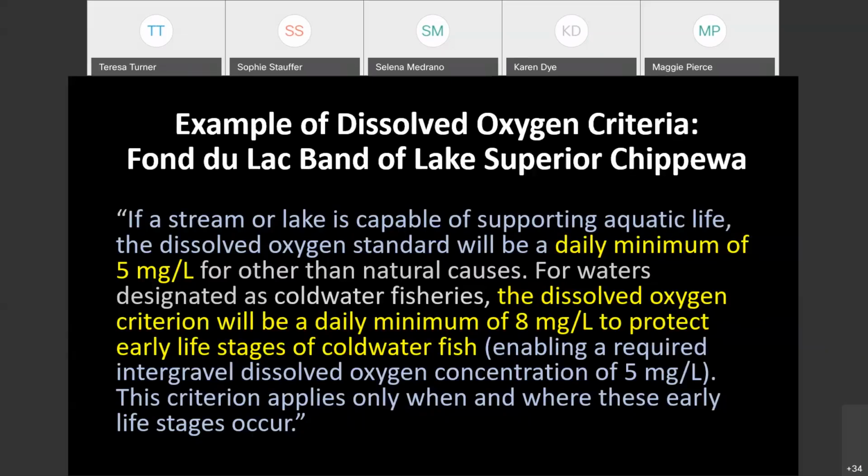But if it doesn't, you might have to do a little extra work, but you could still do it. You could go based upon what you know about that water, what you've observed in that water. You could talk to your fishery and game department if you happen to have one. You could talk to some other resource management folks in the area to help you figure out, well, I'm looking at water body X, which criterion is the best to assess.